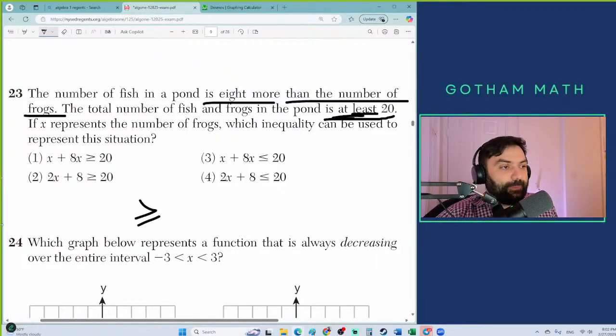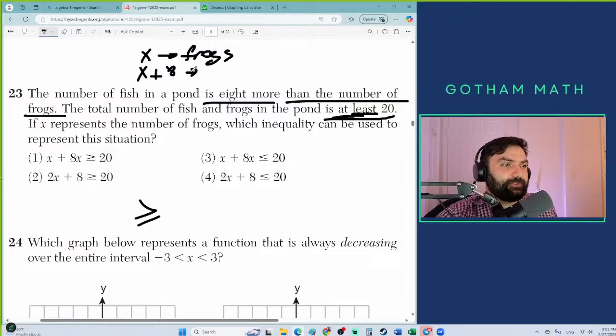Now, it says 8 more. So we can represent the frogs as x, and we're going to represent fish as x plus 8 because it says 8 more.